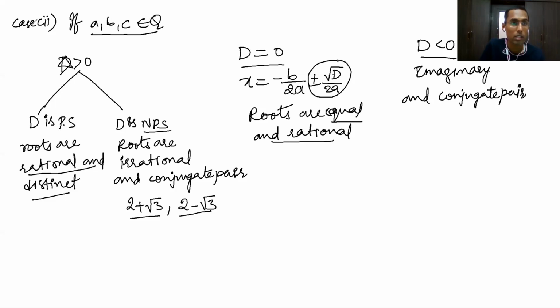The next case, which is important, is if a is equal to 1, and b, c are integers. I am taking Z, which means integers.